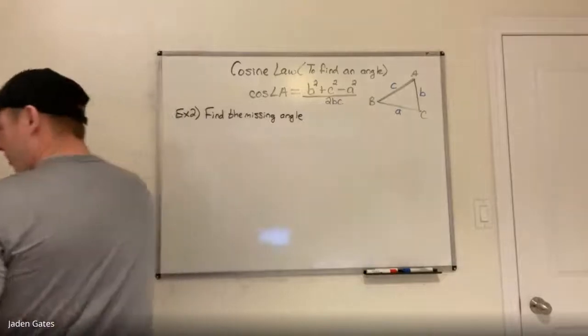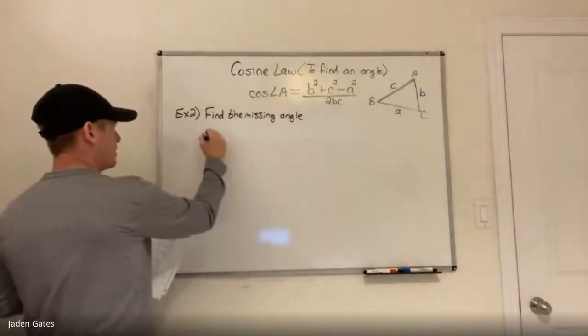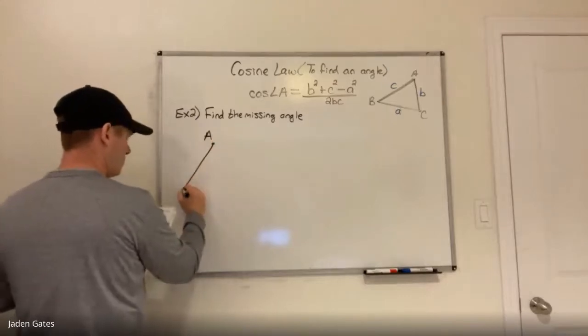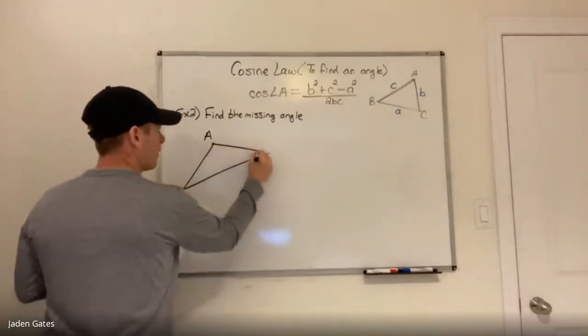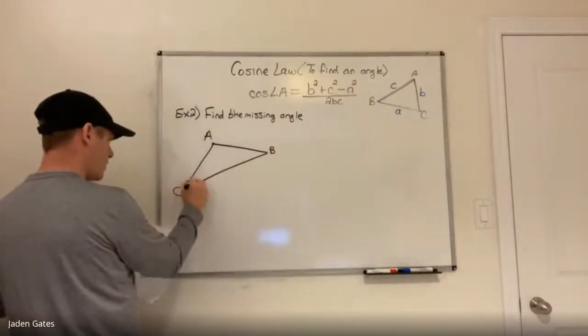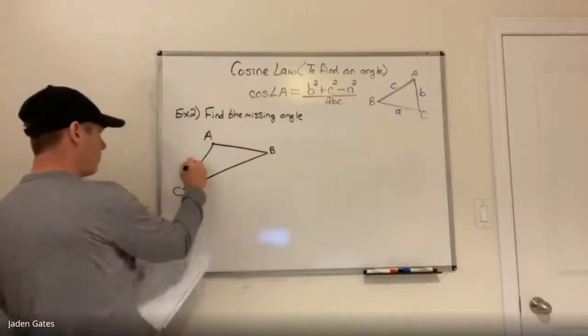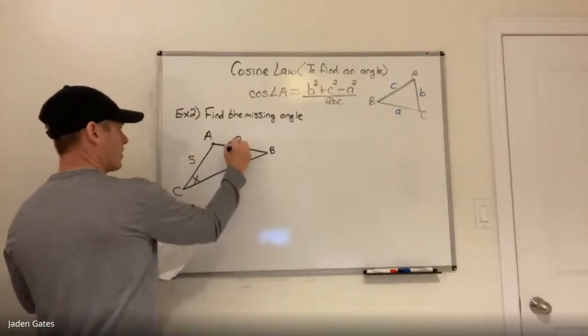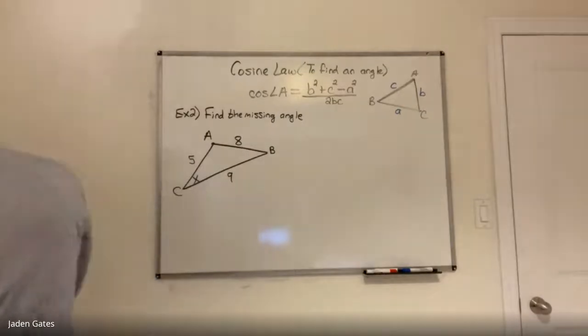So we'll draw my triangle in here where I've got point A, B, C, and I'm going to put an X here because that's the angle we're going to be looking for. 5, a 9, and an 8 right there. All right, so there we go.